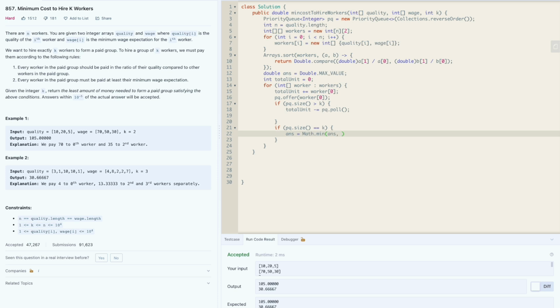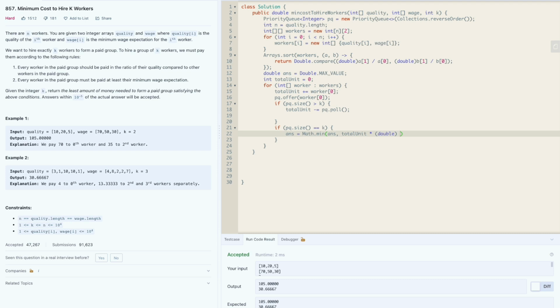There's a chance that it is still the minimum, or we can calculate the new minimum, which is total units times this worker's unit price.